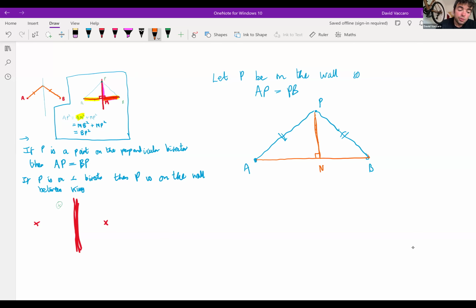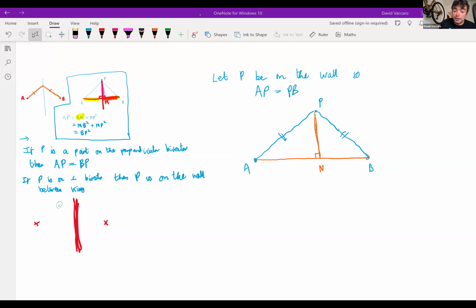Okay. Now, where do you think that point N is going to be? Yeah, so we think it's going to be the midpoint of AB. If we can show that it is the midpoint of AB, then P is exactly lying on the perpendicular bisector.